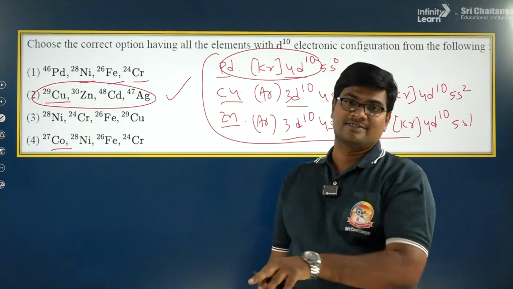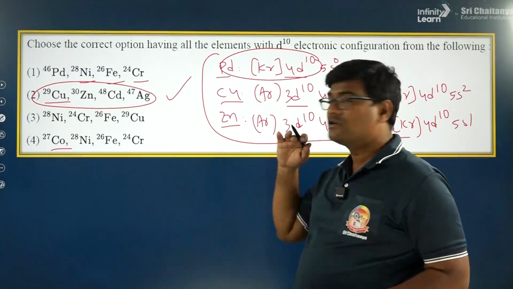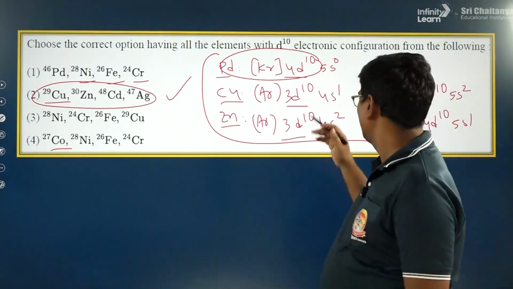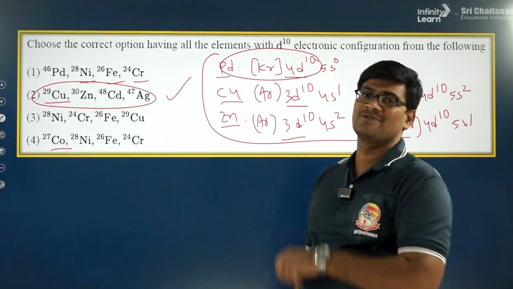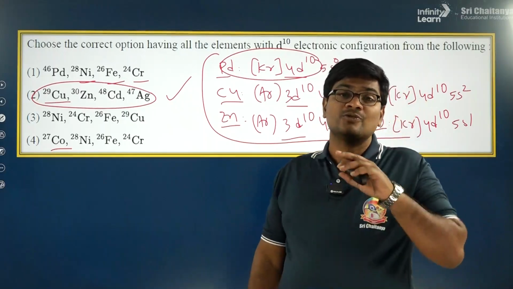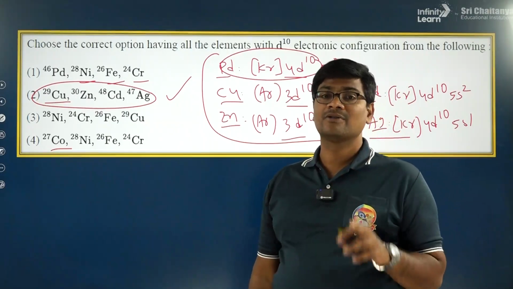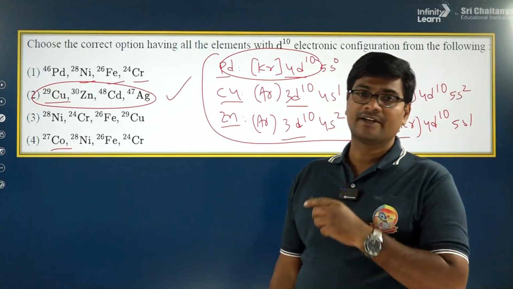If they ask ions, for example, copper plus 1 has pseudo inert gas configuration, zinc 2 plus has pseudo inert gas configuration d10, cadmium 2 plus has it, and silver plus has it. Among the elements, if they ask which has pseudo inert gas configuration, we have to consider only palladium as the answer. Let's go for the next question.